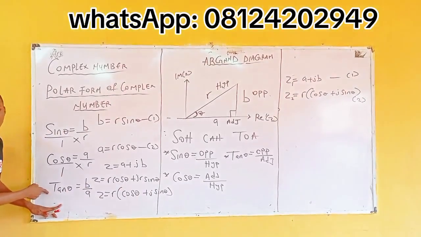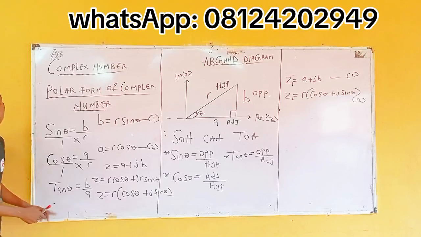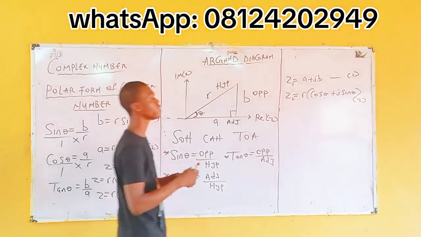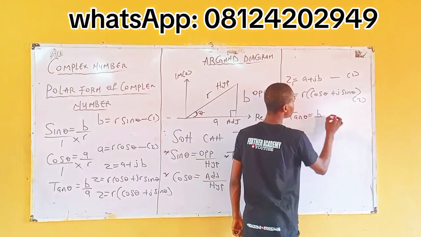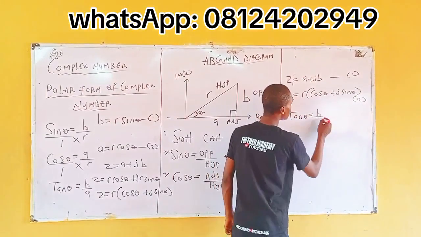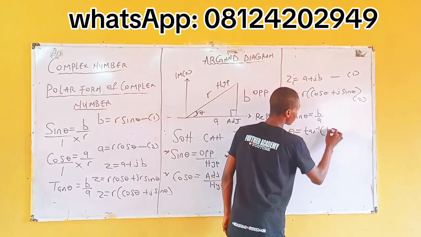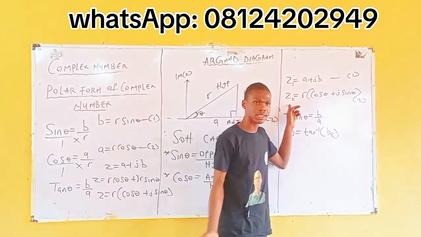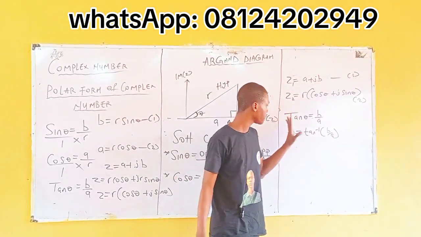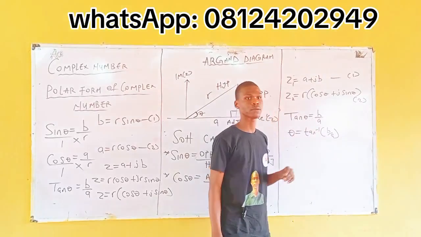So if tan theta is equal to b over a, theta is what? Tan inverse of b over a.